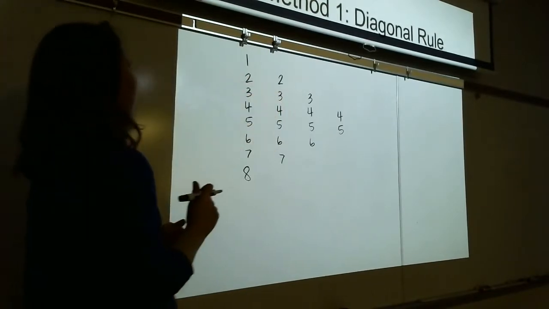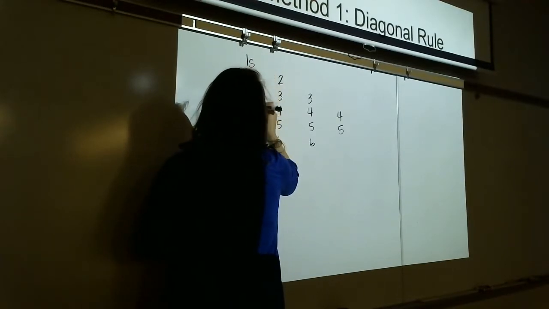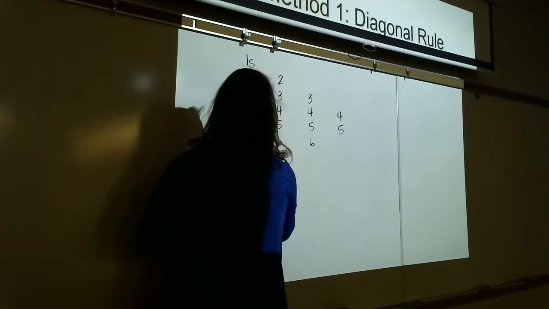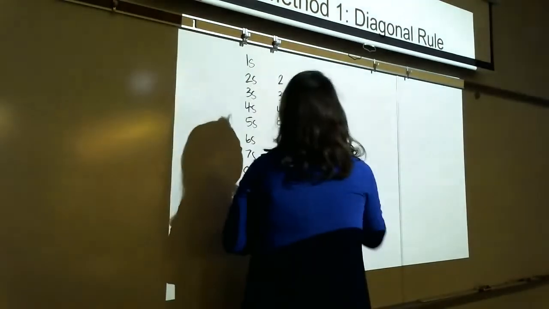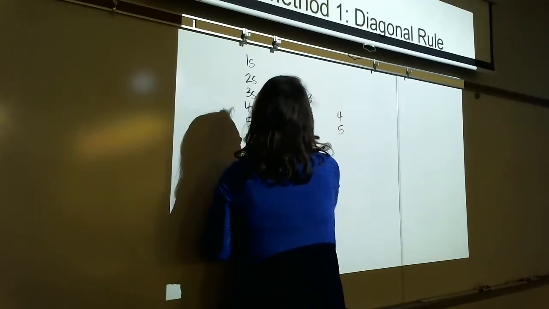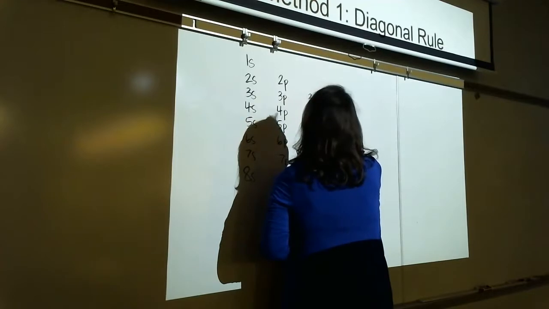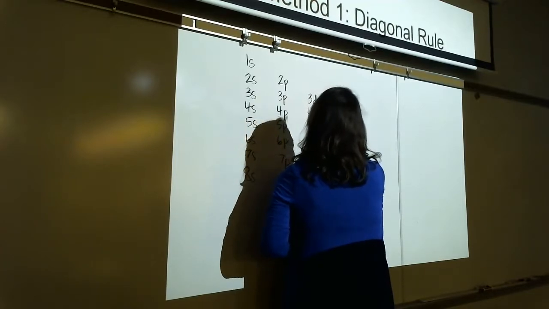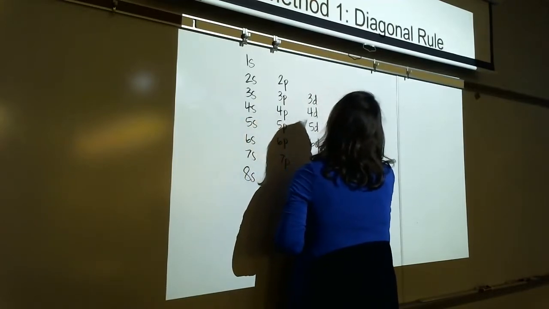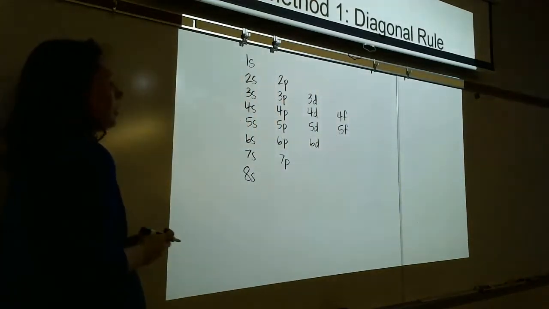See, it looks like a diagonal. All right, now let's fill it in. The first column is all S's. The second column is all P's. Third column is all D's. And the fourth column is all F's. And now we need a little superscript to go with it.